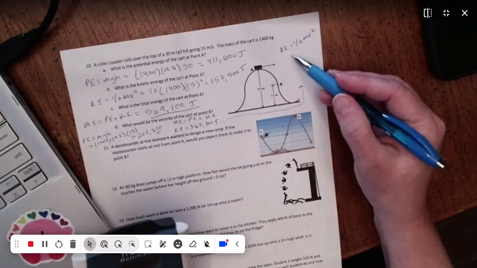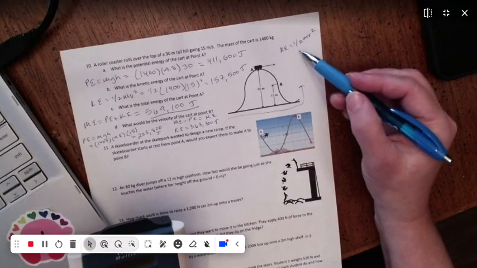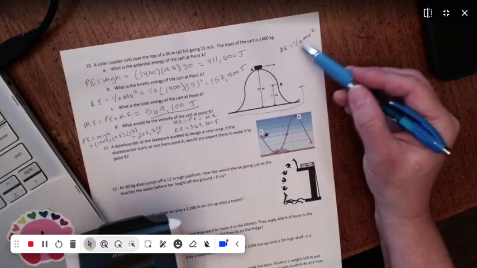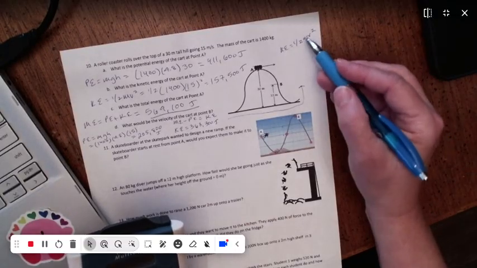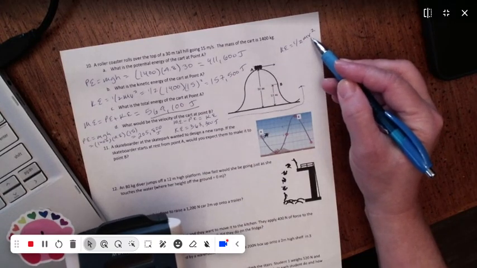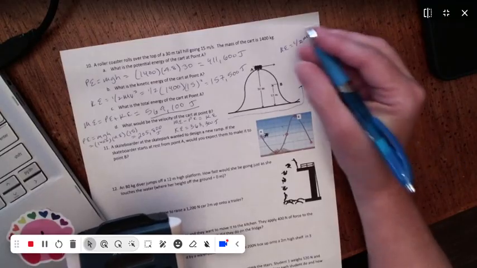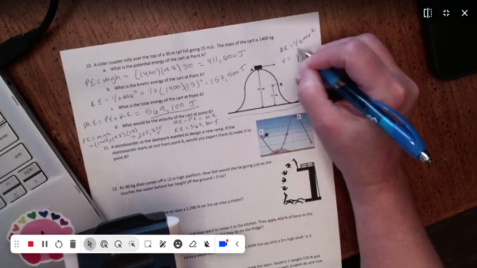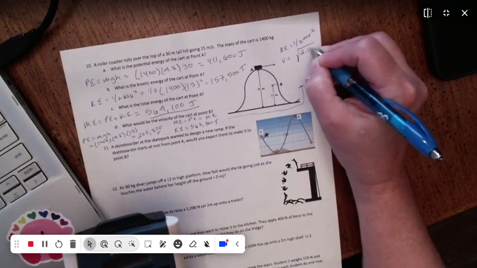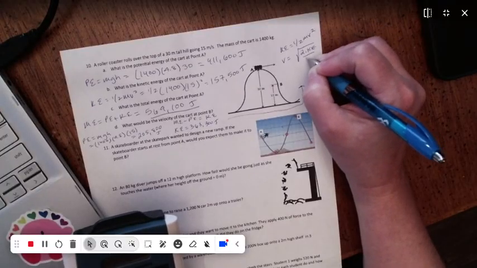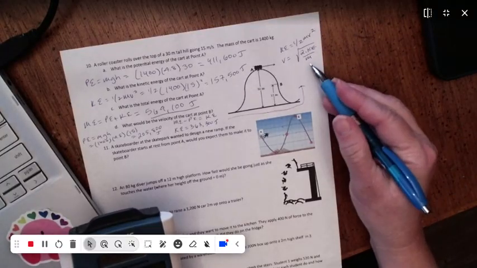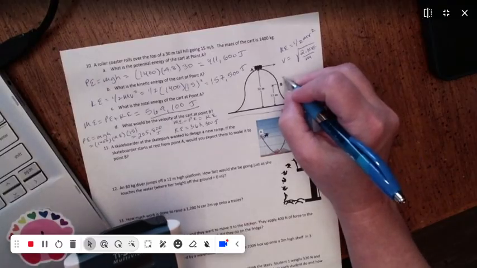Again, here you can put numbers in if that's easier, or you can solve this for velocity, which I did in class for us. If we solve this for velocity, we divide both sides by 1/2 m, and then we've got to take a square root. We end up with the square root of 2 times kinetic energy divided by m. That'll give us the velocity.